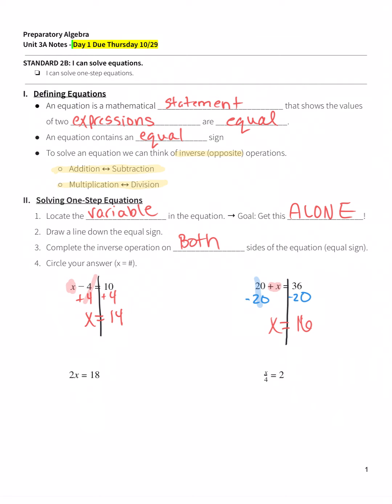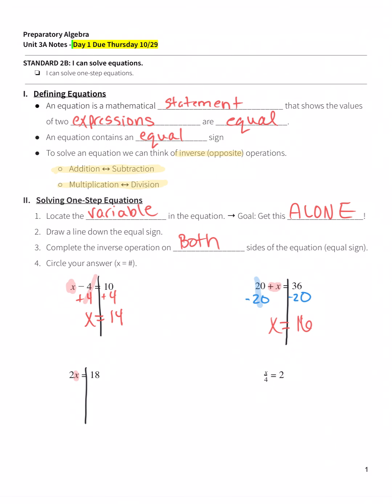Make sure that you're actually listening to this, and copying in your notes. So step 1, find my variable. Step 2, line down the center. Step 3, do the inverse operation. Well, we have 2x, which means 2 times x. What is the opposite of multiplication? Division.